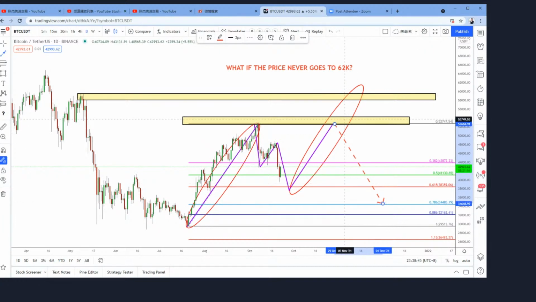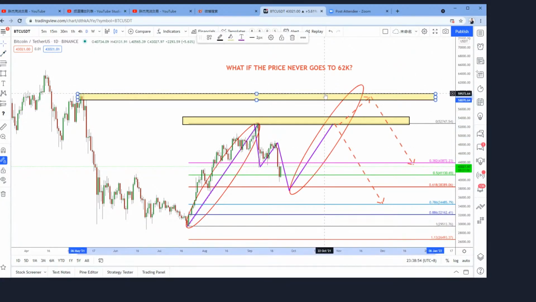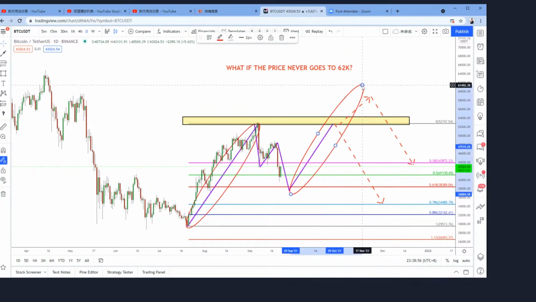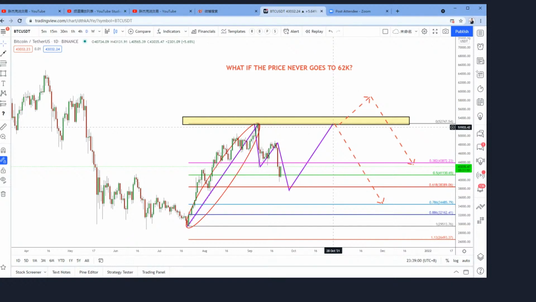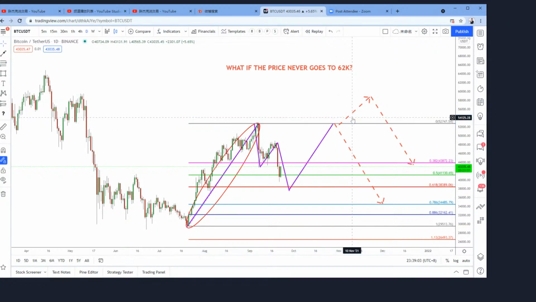Or if it fails to break 58K, it may go down from here. Okay, good. Let me just give you the answer. If the price didn't go to 62K, then it may turn into this scenario.